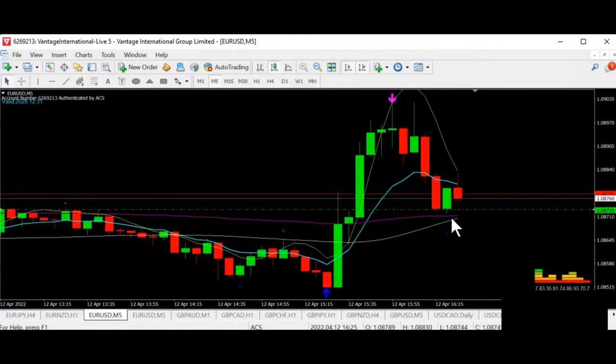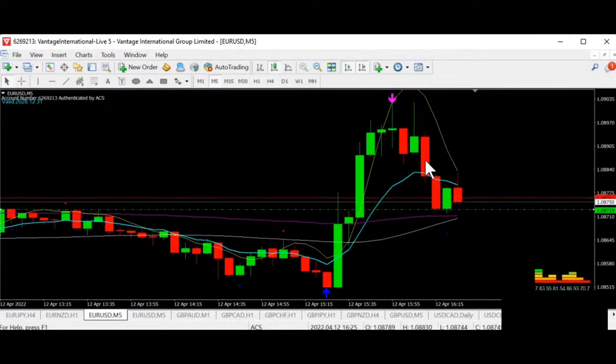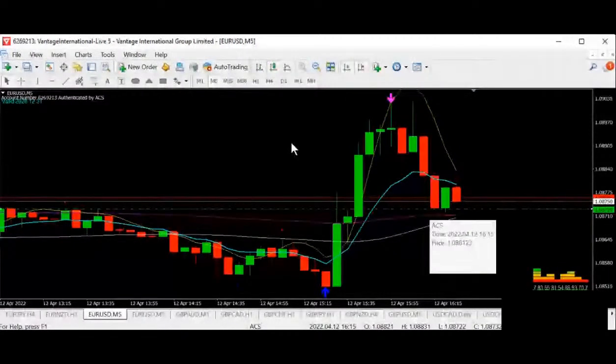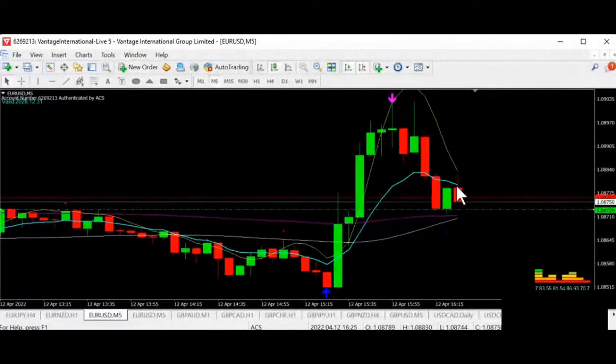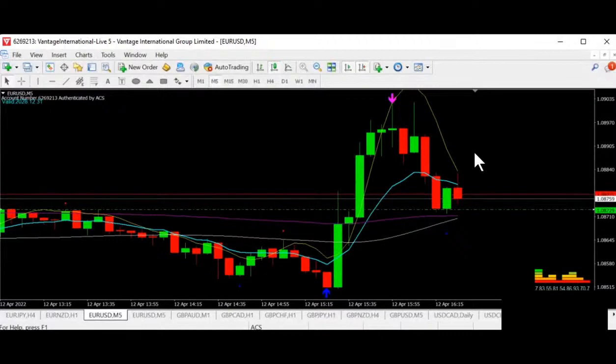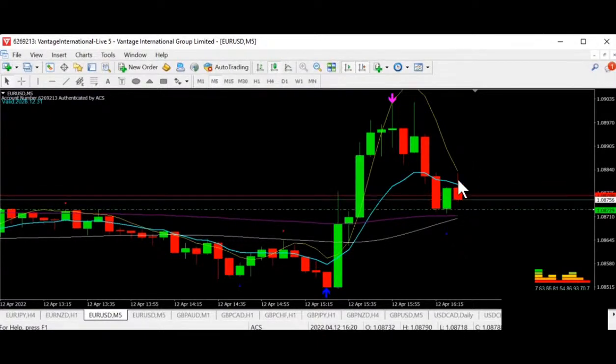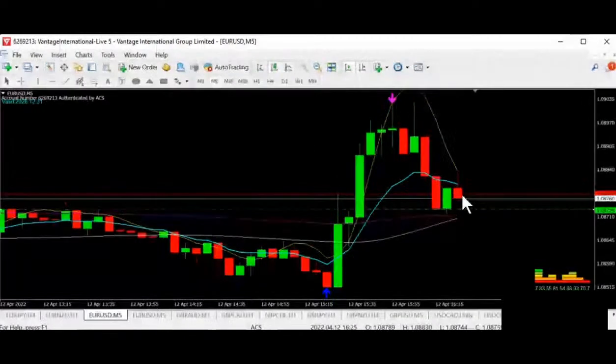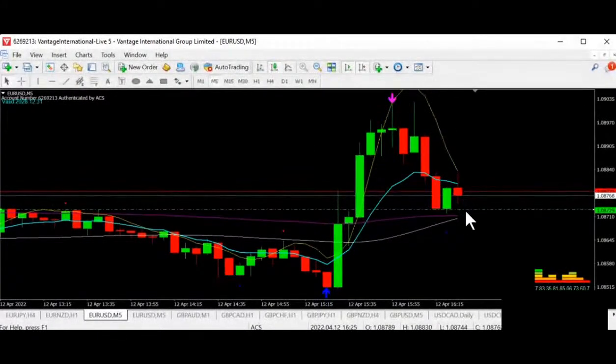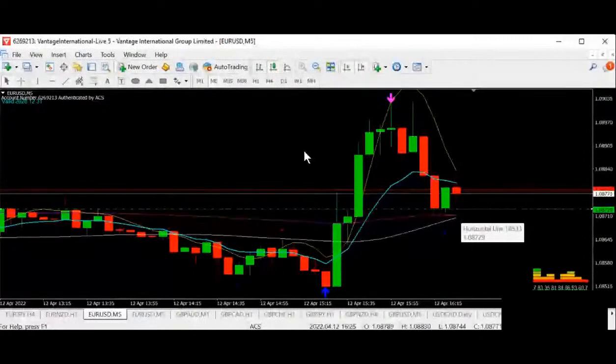So a lower resistance: it started from here to here, bounced on the support, bounced up, but it doesn't go up all the way and doesn't change the trend. It's still building green and red candles, which is a lower resistance now, going nearer to the support area. So what does that mean?